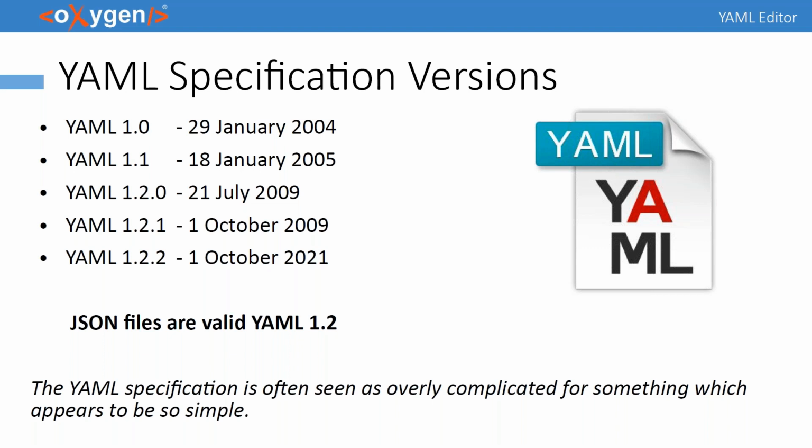So JSON is considered a subset of the YAML language. Then there are other specifications available in 2009 and 2021. The YAML specification seems complicated for something that is very simple, but this is because describing something simple can sometimes be complicated.